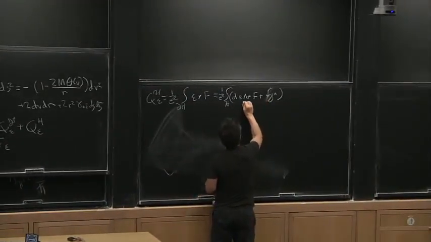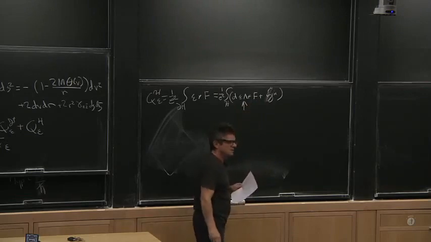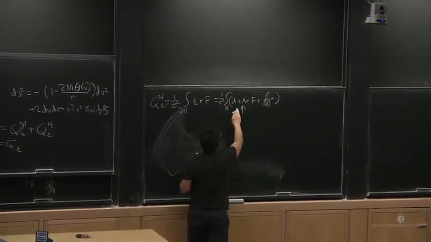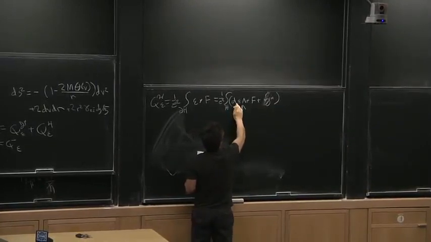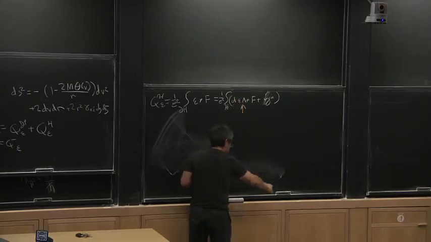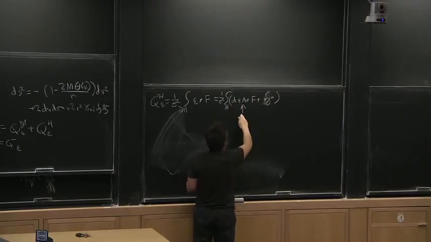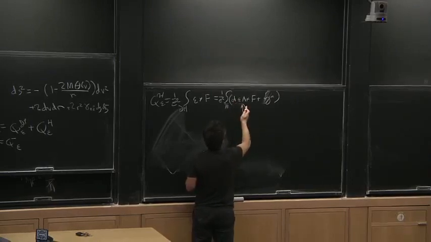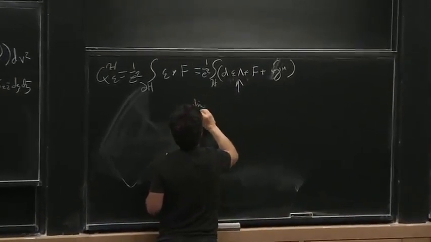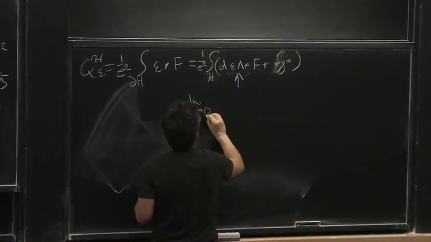Now, what is this term here? Well, if we take epsilon to be constant along the horizon, in other words, along the null generators of the horizon, then this is tangent to the two-sphere. And so this is the limit as omega goes to 0.